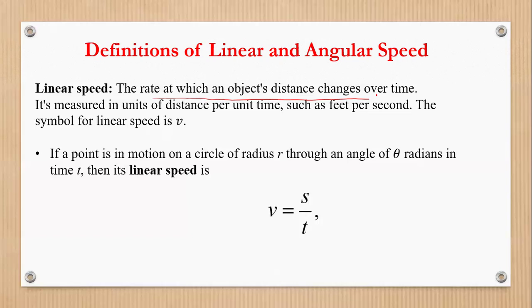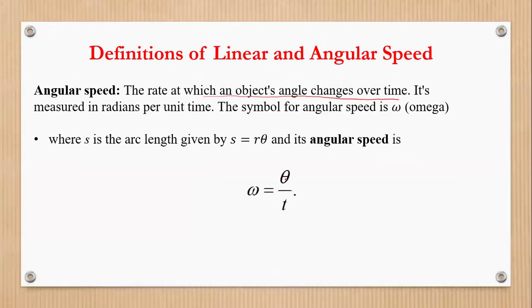We show the linear speed by the letter V. It comes from s divided by t. S means the arc length, divided by t, which is time. But the angular speed gives us the rate at which the angle of the object changes. So we divide the angle, the radian measure of the angle, by t, which is time.